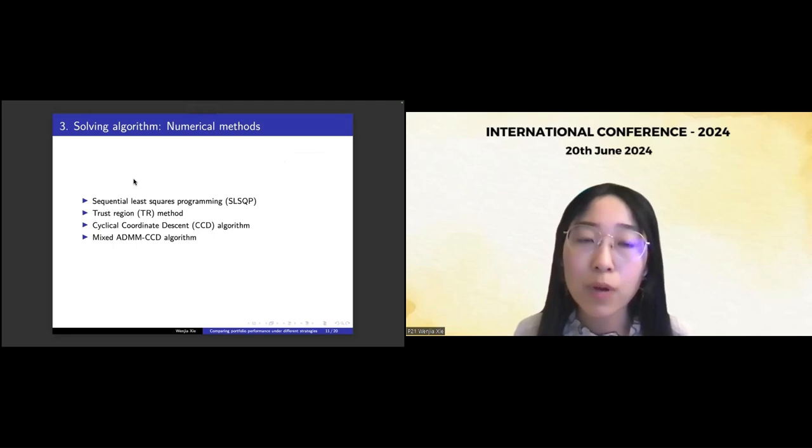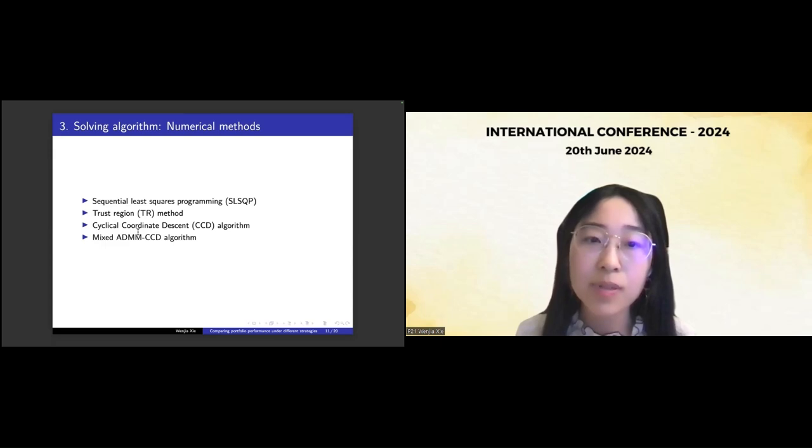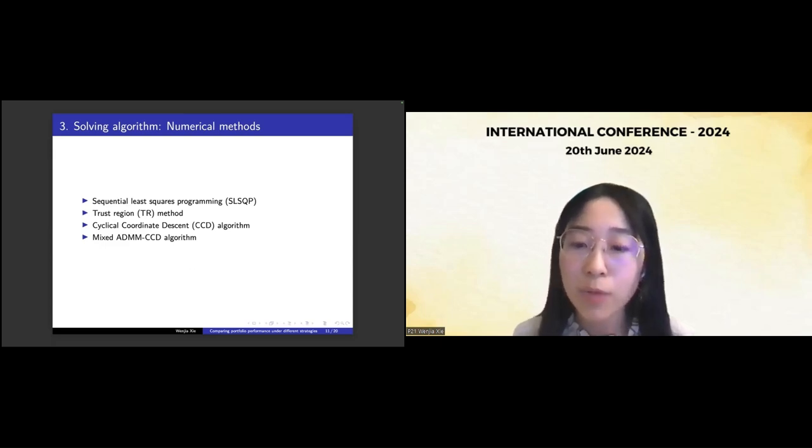In terms of solving algorithms, the first kind of methods is numerical methods. We use sequential least squares programming, trust region method, cyclical coordinate descent algorithm, and mixed integer CCD algorithm to solve our problem.